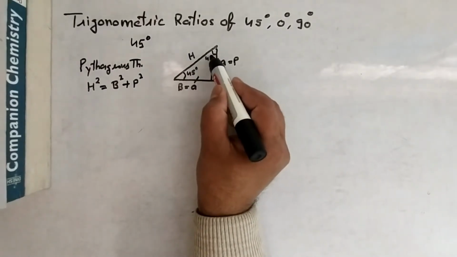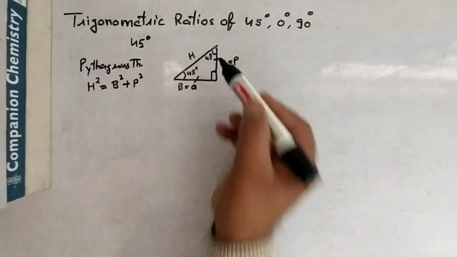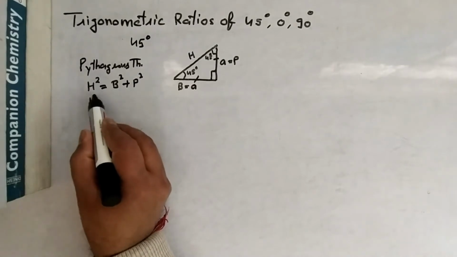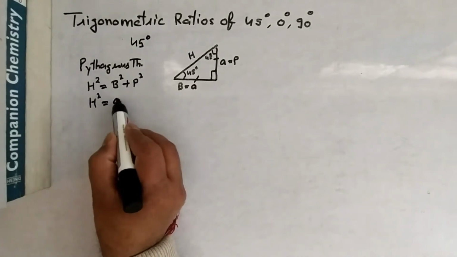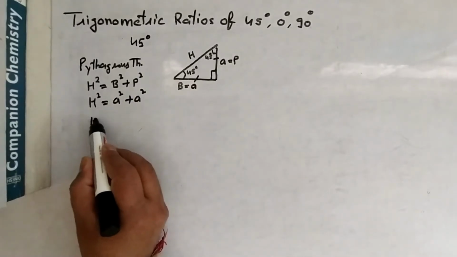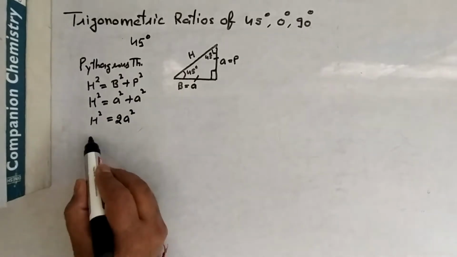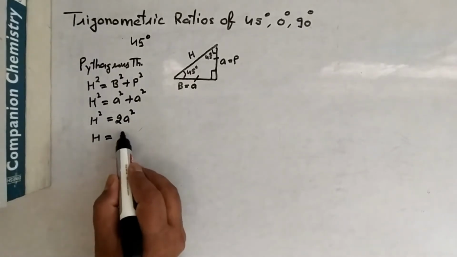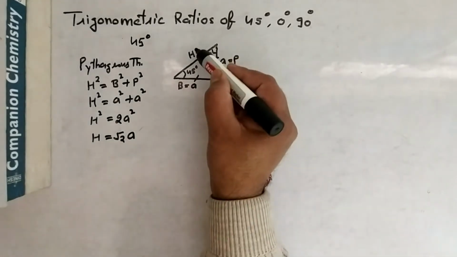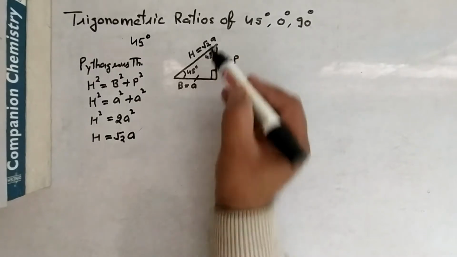This is 45 degrees, this is also 45 degrees, because this is an isosceles triangle. So you get a square plus a square. So hypotenuse square equals 2a square. From here we can find the hypotenuse, that is root 2 a.